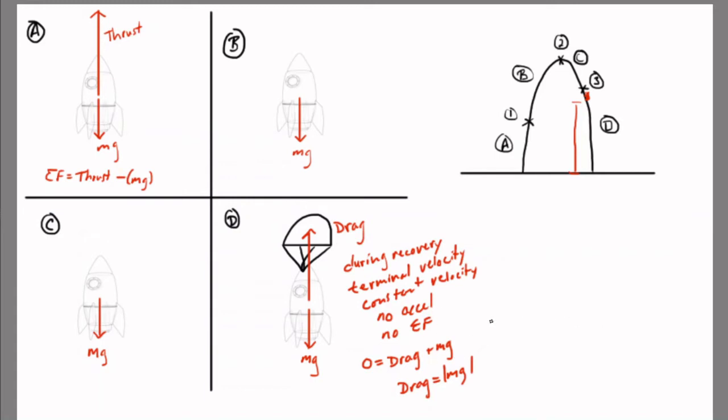So we can say that there's no net force, so that drag minus that mg value equals 0. When we put those together, we still get this value. We can swing that mg over, swing the drag, and then multiply everything by -1, and we end up with the same statement that drag equals mg.